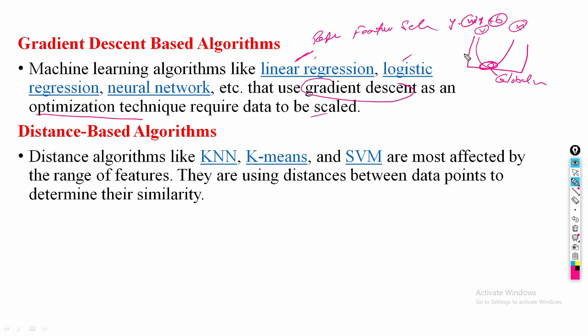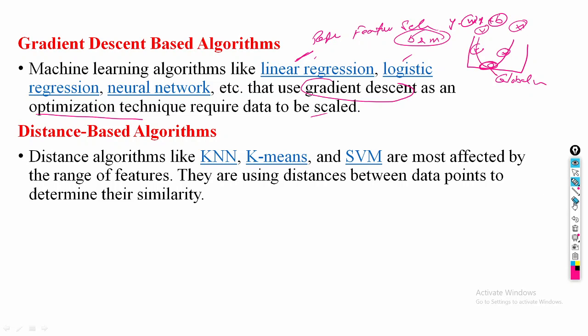If you apply feature scaling, the coefficients b and m will be placed near the global minima, and the model will find the optimal values very fast compared to without feature scaling.